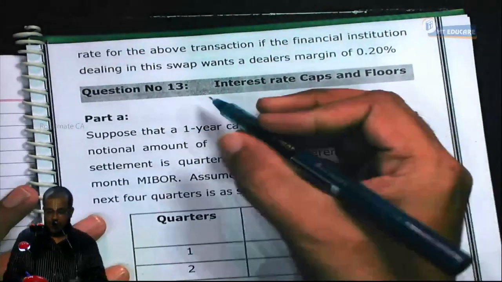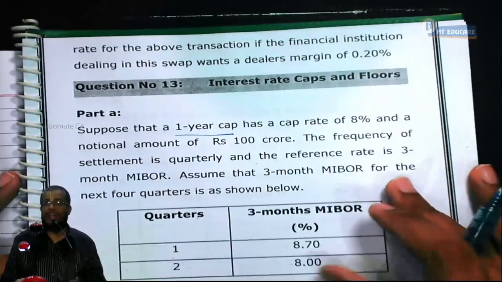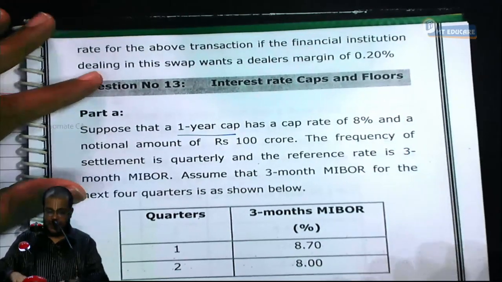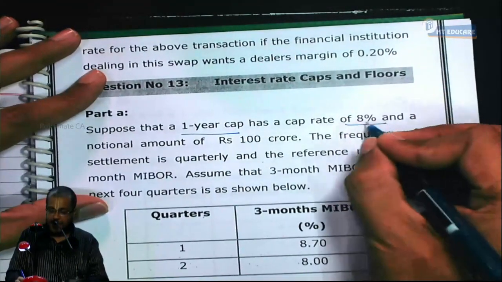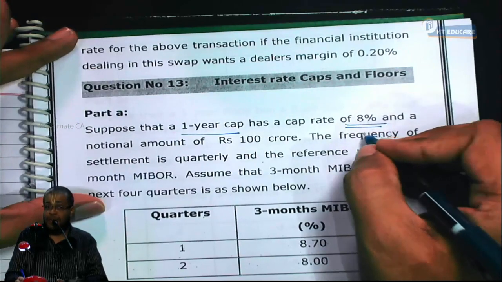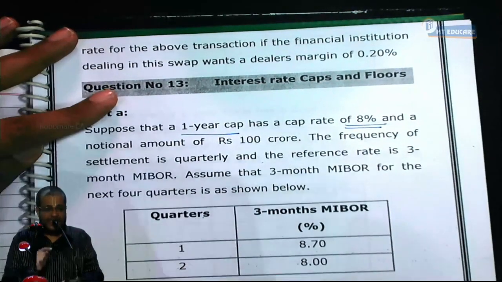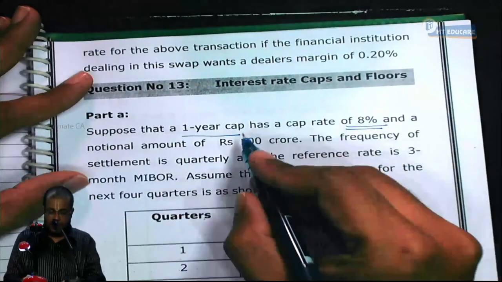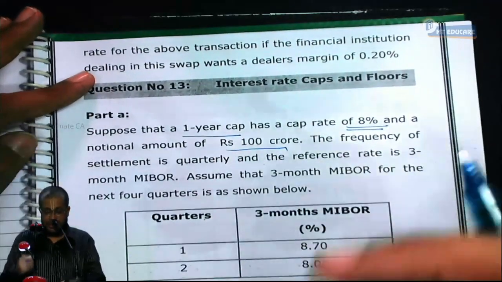Suppose a 1 year cap. Cap means what? Option. The 1 year cap has a cap rate of 8%. What is 8%? Strike price. The fixed rate leg has the strike price. And the notional amount is 100 crores.